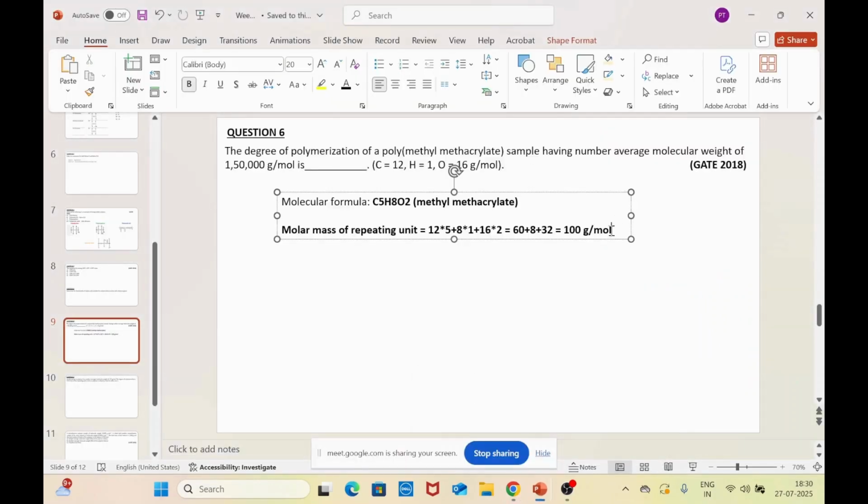So the degree of polymerization is nothing but the number of repeating units in the polymer chain. So degree of polymerization is equal to the number average molecular weight divided by the molar mass of the repeating unit.